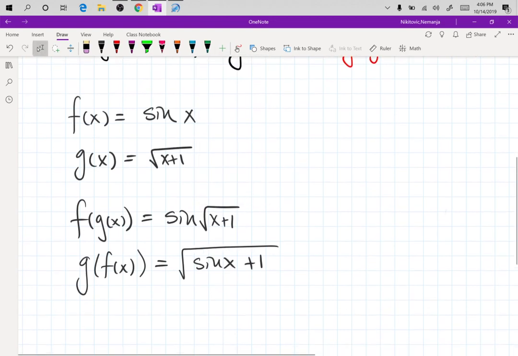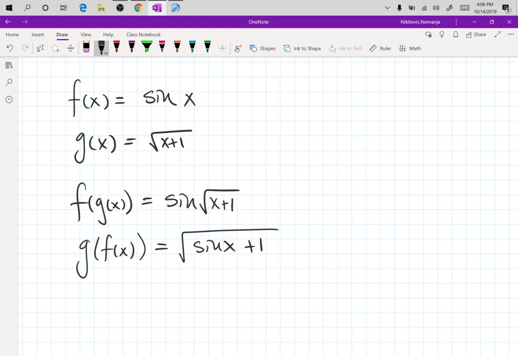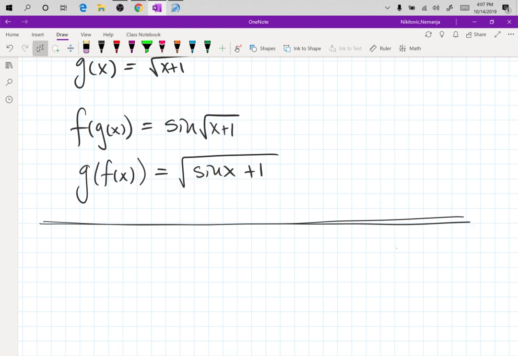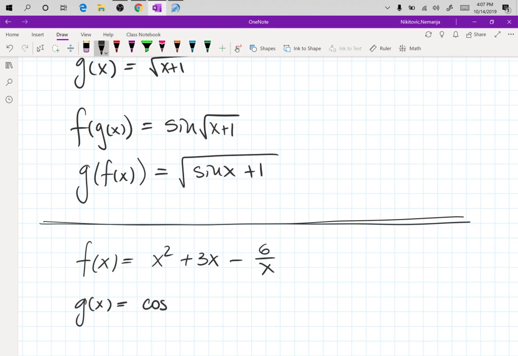All right. So now let's take a look at another example. Say that you have f of x, let's say x squared plus 3x minus 6 over x. And g of x is, let's say, cosine x.